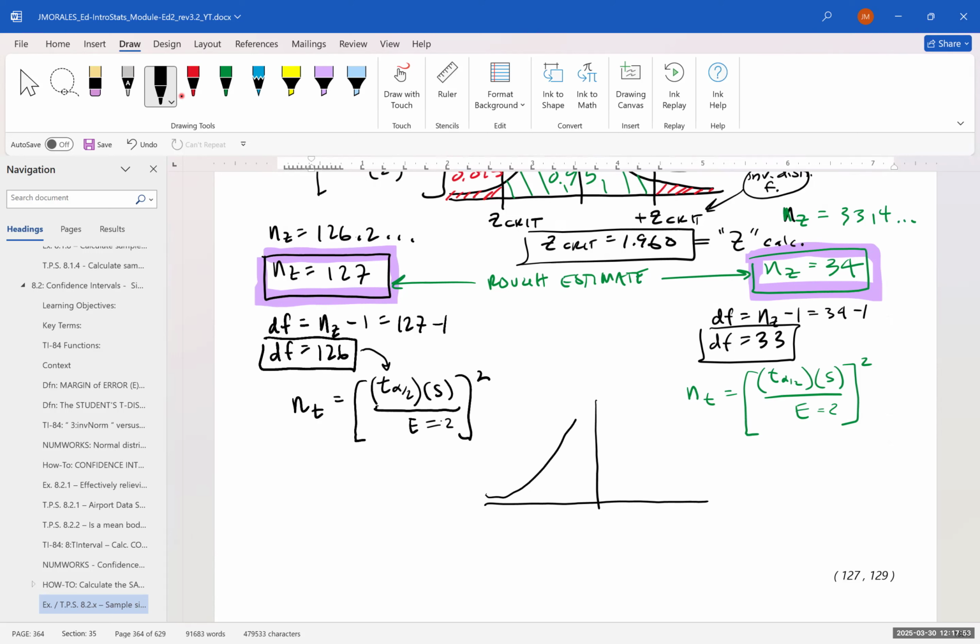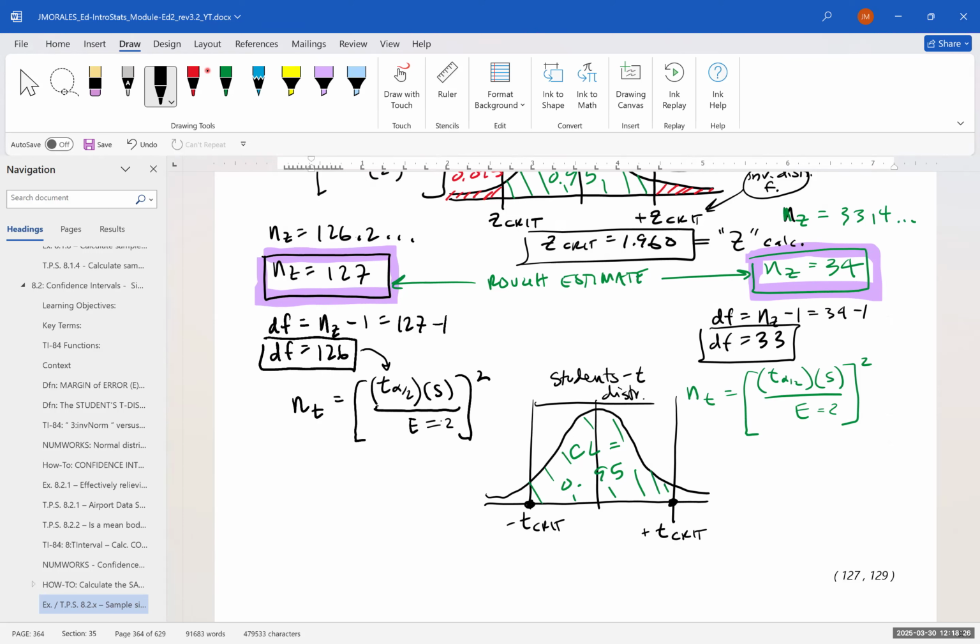So I'll just do a quick sketch of our student's t distribution here. We have a confidence level of 0.95. That's the area between the two critical values. So here we're going to have a positive t critical value, and here's a negative t critical value.